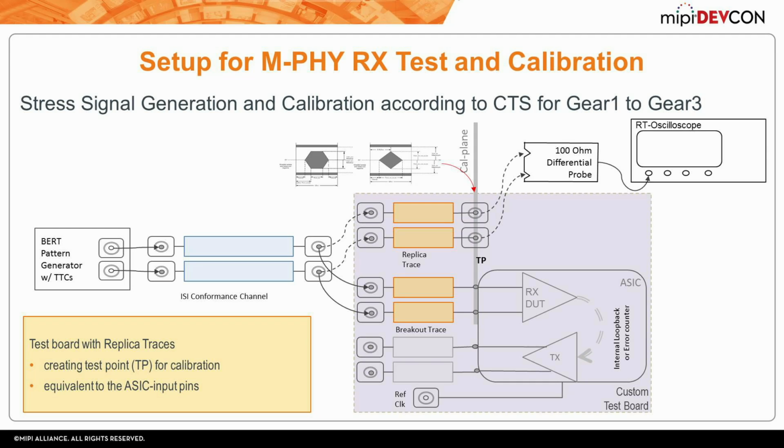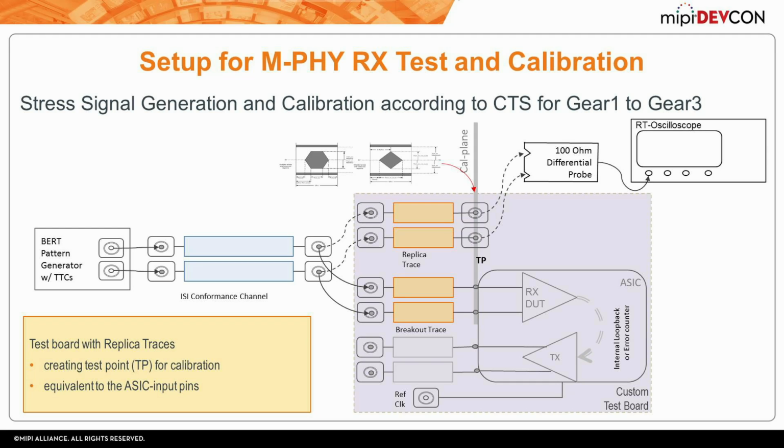Receiver test calibration. The calibration environment for gears 1 through 3 goes from a test generator like a Birch, through a conformance channel and then the replica trace, and we have our calibration plane right here.